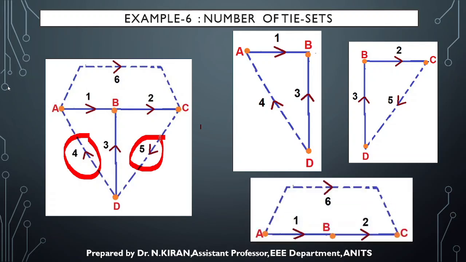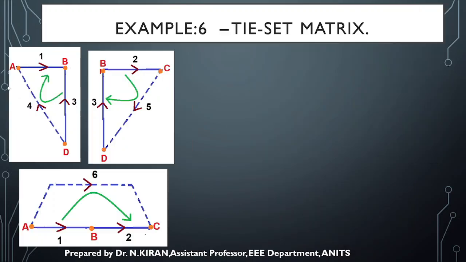And lastly, the sixth link I have considered, and if I add twigs 1 and 2 to this link, it forms another tie set. So this is how I can form a tie set depending upon the number of links, and the loop direction will be the same as the link direction.